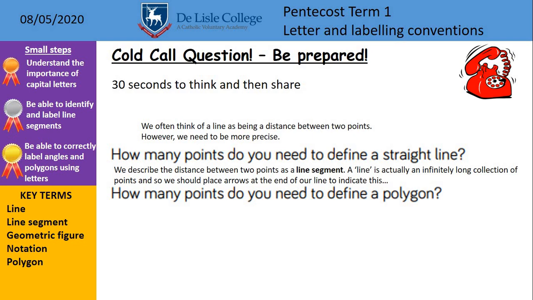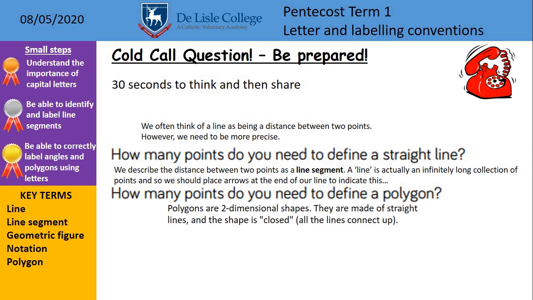And how many points do you need to define a polygon? Well, first of all, we need to define what a polygon is. And that is a 2D shape, so it's a flat shape that is made up of straight lines. So if you had a look on the first do now task, there were quite a few circles and things, and they have curved edges, in which case they would not be polygons. It must have straight lines, and the shape must be closed.